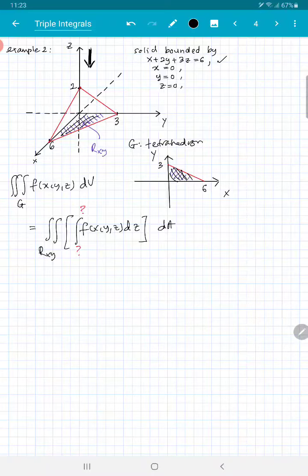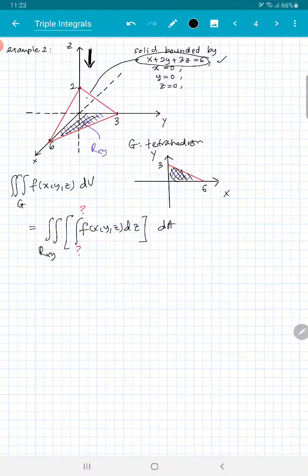Okay, now we need to figure out the top surface. The top surface is not z equals 2 because it's not a horizontal plane. The top surface is really this red plane, the slanting plane, and the slanting plane is governed by this equation.